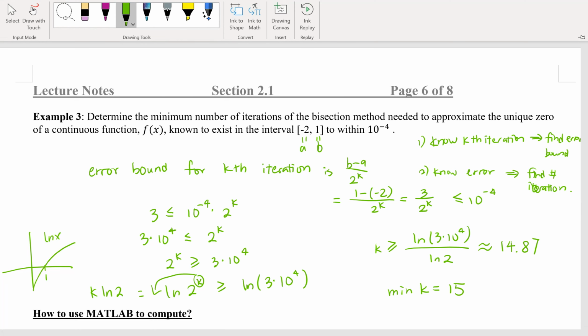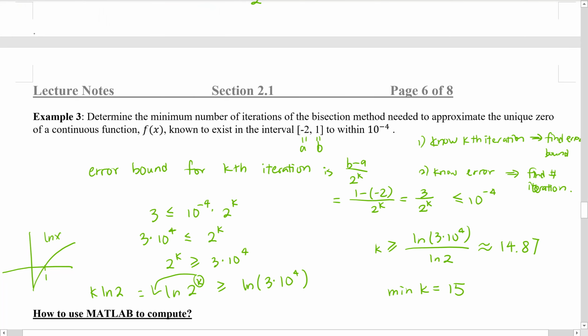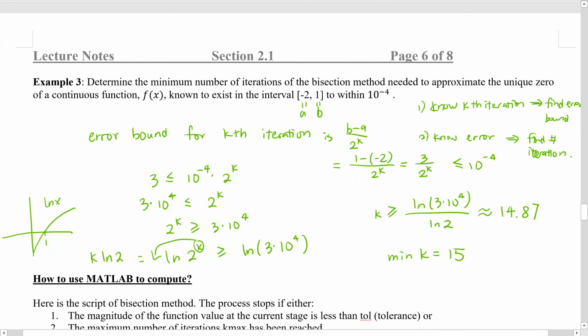Okay, let me ask you a question. If we get k is greater than or equal to 14.01, what do you pick? The minimum k. You cannot pick 14 because k has to be greater than or equal.